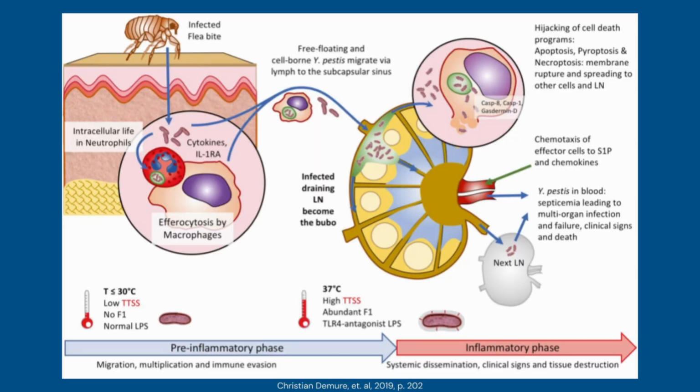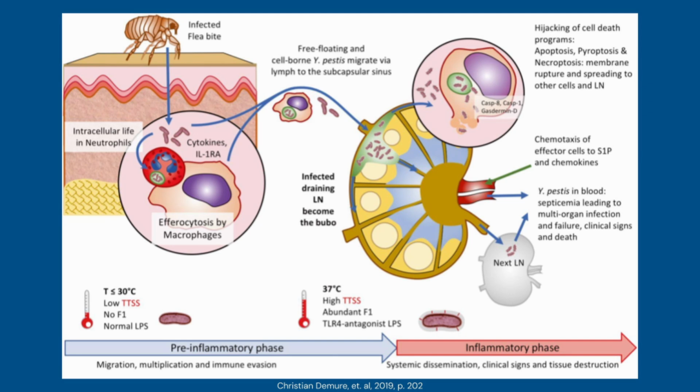Okay, so I have this diagram here showing the process through which Yersinia pestis will infect your body. In the case of the bubonic plague, when a flea first bites you and injects you with Yersinia pestis, it will actually take advantage of your body's natural response, your body's natural efferocytosis, which is the process of macrophages consuming dying cells.